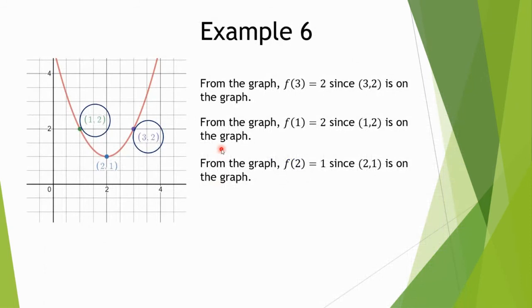Okay, this might make more sense. This is a different graph. Notice here the point (1, 2) is on the graph. That's labeled. So that tells us that f of 1 is 2. As another example, f of 3 is 2, since (3, 2) is on the graph.